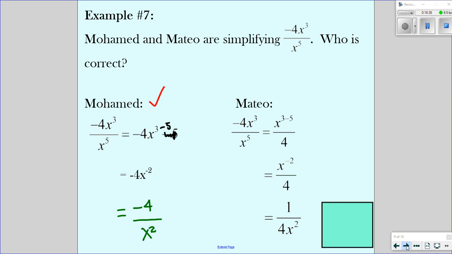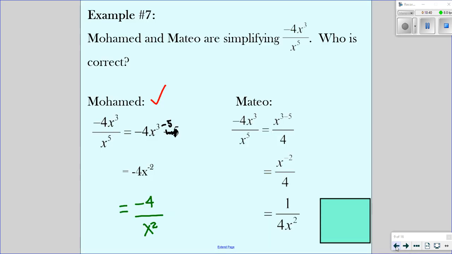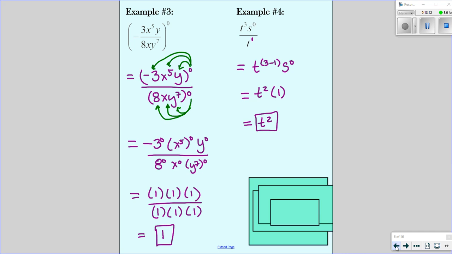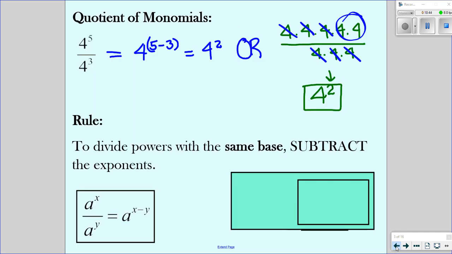Right. Okay, so we reached the end. Going to do a recap. All right, so we learned about quotient of monomials. If you have the same base, based on the rule of same base, when dividing powers, you subtract the exponents.